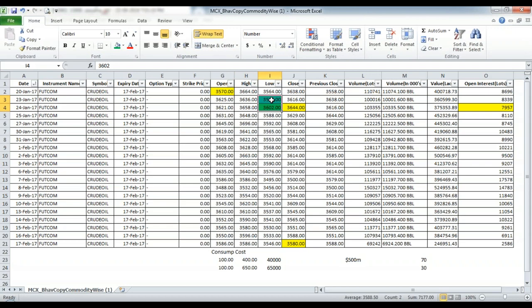Yes, sir. Okay. If that is the case, on this day it is opening at 36.31, correct? Is it below the low of both the days? Yes, sir. Okay. Now it is below the low of both the days.